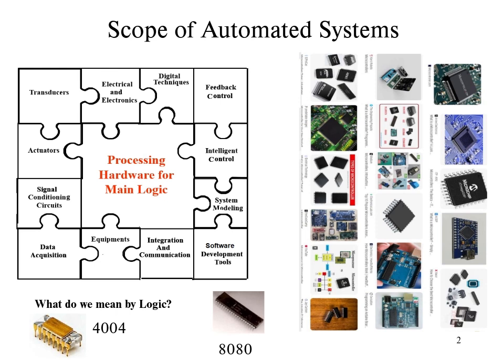And the left hand side on the top, the square in the middle, as you can see, the processing hardware is actually the microcontroller or PLC or field bus or SCADA system. This is the main logic system that is being used for any kind of automated system, and others are building blocks like sensors, actuators, signal conditioning circuits.